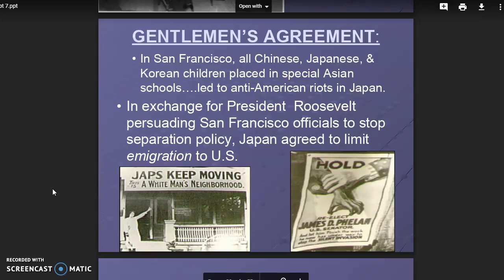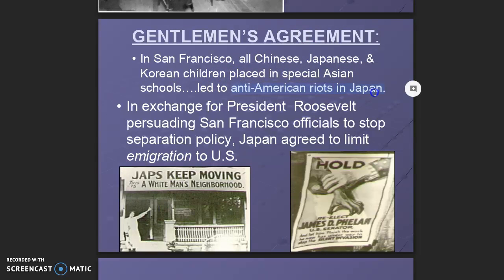So the cause of the Gentlemen's Agreement is simply that the Asians were all separated, and this led to riots in Japan. And in order to stop it, Roosevelt made a deal. So you can summarize that for question number 11.